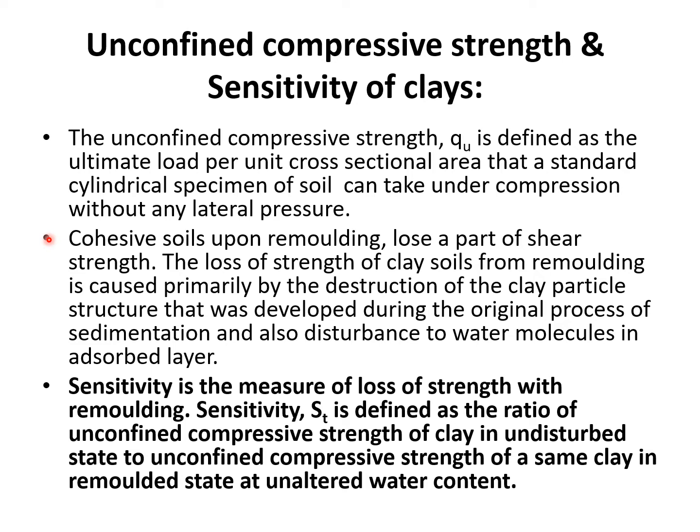So there are two things mentioned: destruction of the clay particle structure that was developed during the original process of sedimentation, and the second is the disturbance to water molecules in the adsorbed layer.